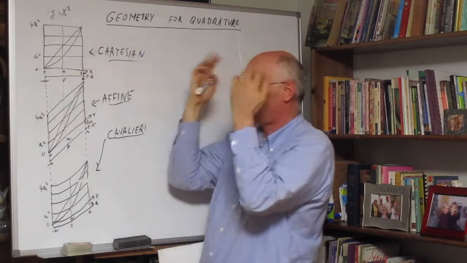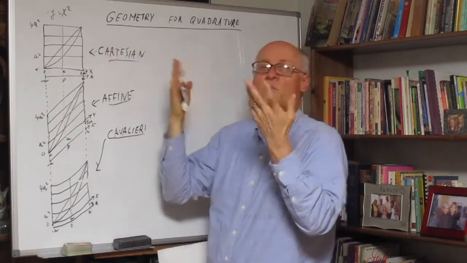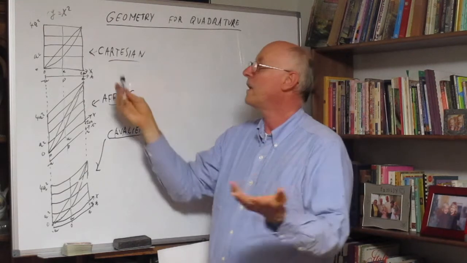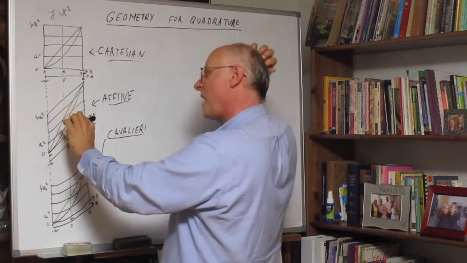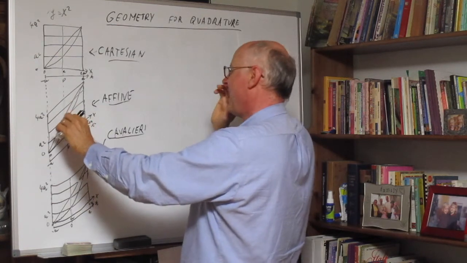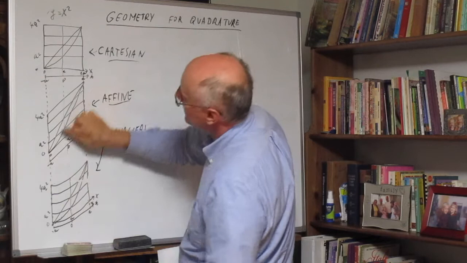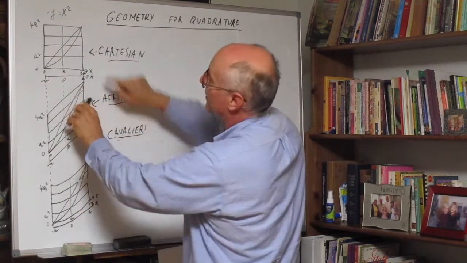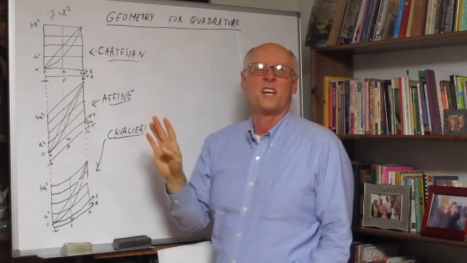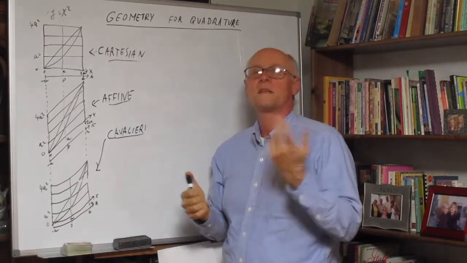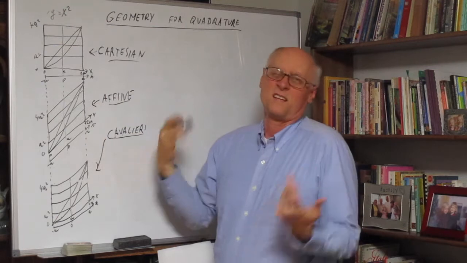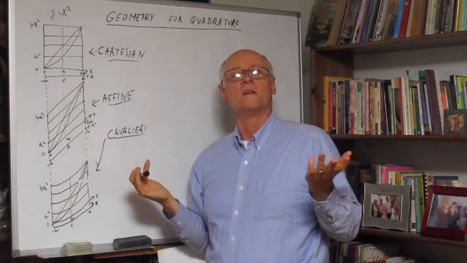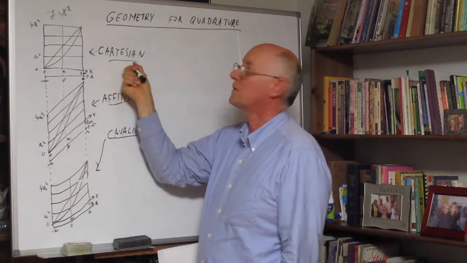Looking at it from our Cartesian viewpoint, our Euclidean viewpoint, we look at affine and we say, okay, yeah, it's constant, but it's steeper. It's not the same. It's not unchanged. You would think that slope has definitely changed there. That's kind of a reasonable conclusion from a Cartesian perspective.